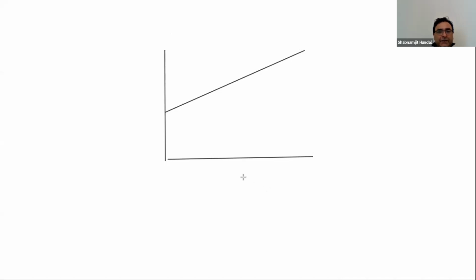For instance, if I want to write some text here, say this is BP stock return, British Petroleum, and this is the FTSE 100.